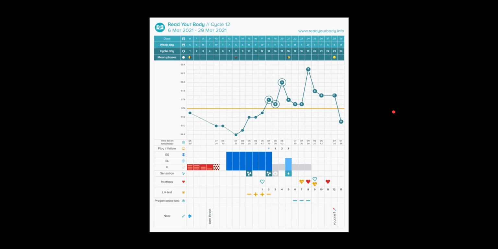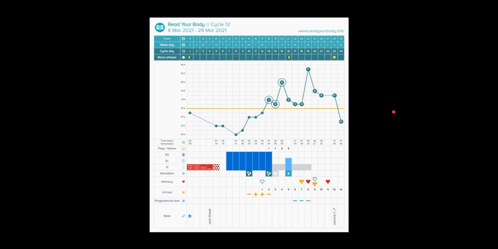Read Your Body acts as a data storage bank where you can put in your day-to-day observations about your menstrual cycle and about your ovulation cycle. I'll use those words interchangeably because ultimately they're the same thing. And really, ovulation is the main event of the cycle, not actually menstruation.